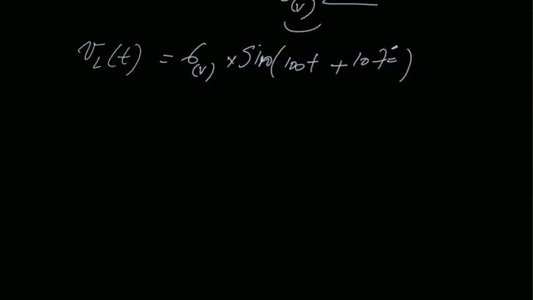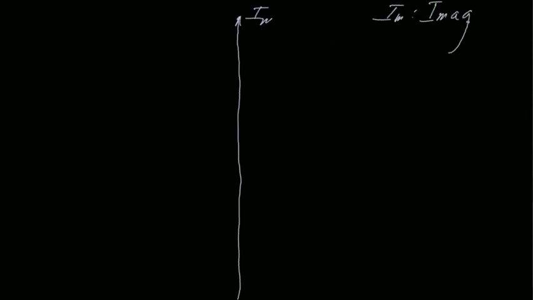Okay. Now, if I go to a complex plane, here it is. This is the imaginary axis. Please remember that Im has nothing to do with the current maximum. Im is simply a shortcut to the word imaginary.